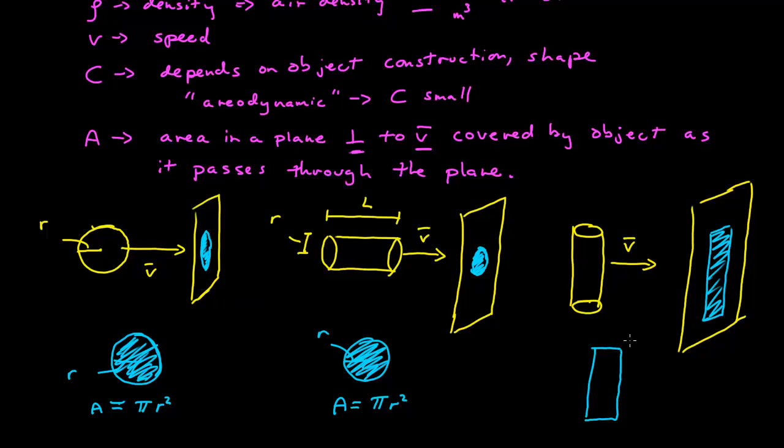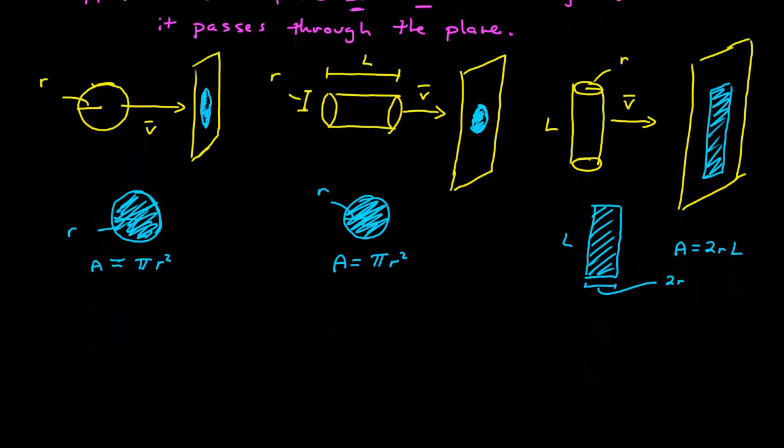We're still saying this is a cylinder of length L and radius R. And so the area covered by the cylinder is a rectangle that has, in this case, a height L and a width of 2R. And so the area is equal to 2RL. The width of the bottom of the rectangle is the diameter of the circle. And so it's 2RL.